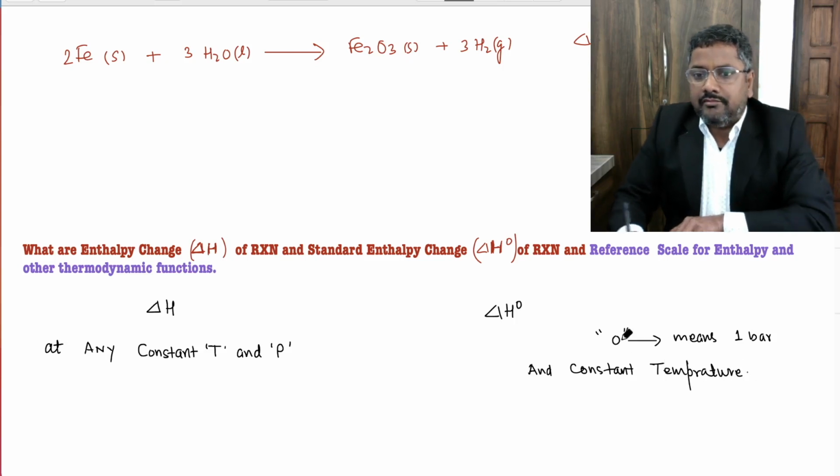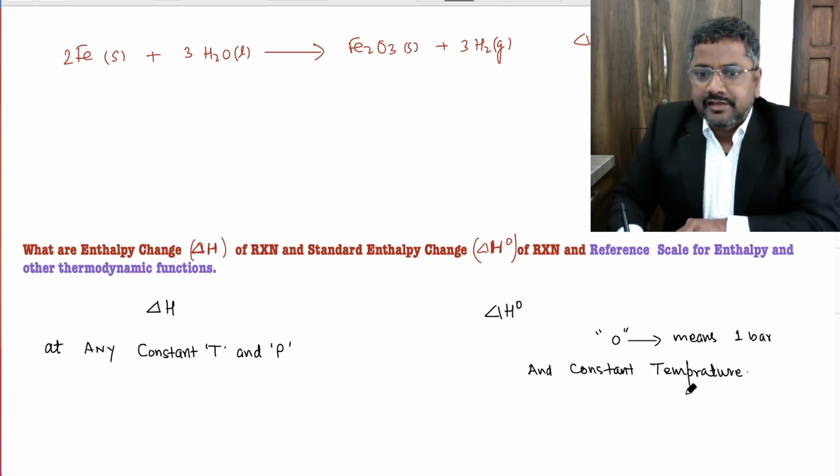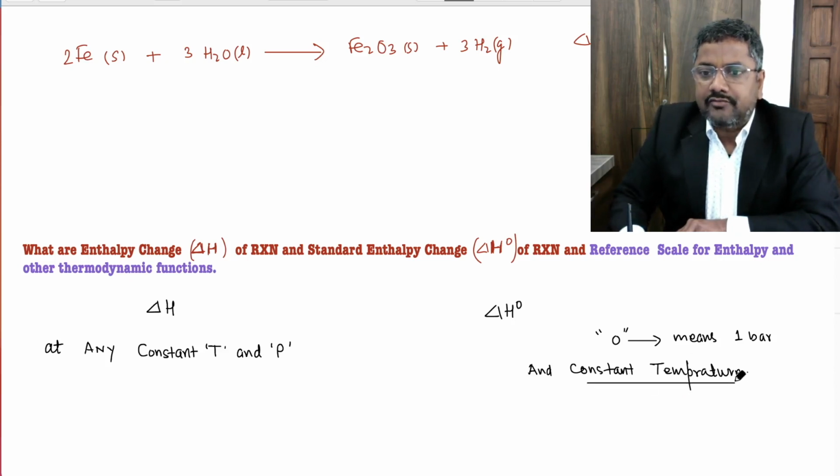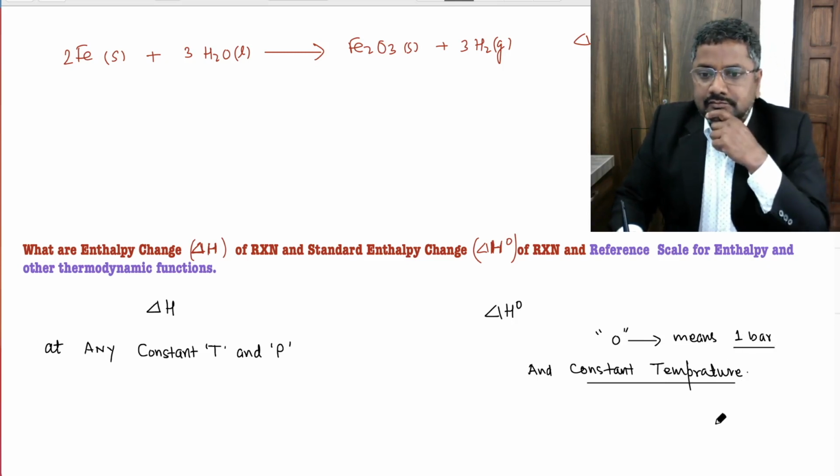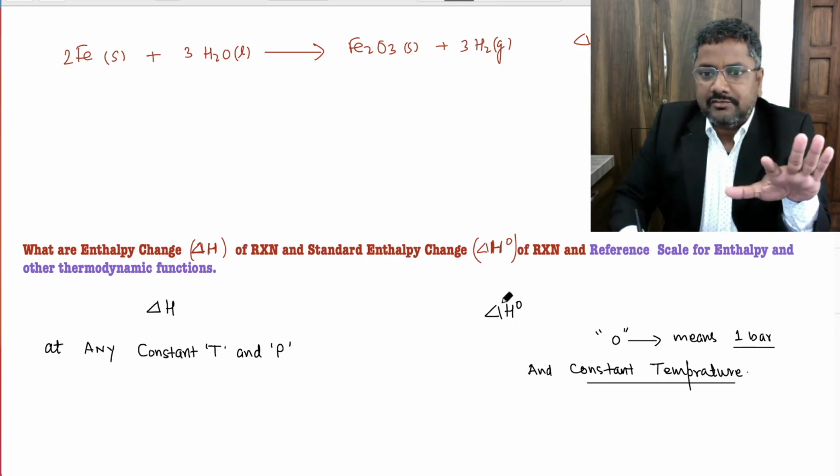Many, many people are making a mistake here: they always take the constant temperature as 298.15 Kelvin, but this is not true. See here, this means 1 bar, clearly 1 bar. Any other pressure is not acceptable for the measurement of this.